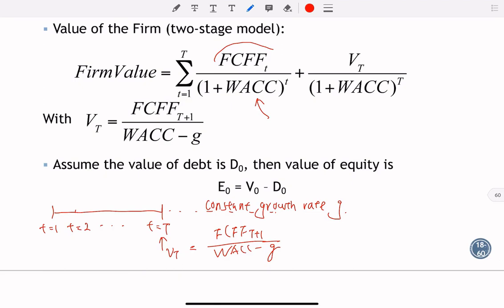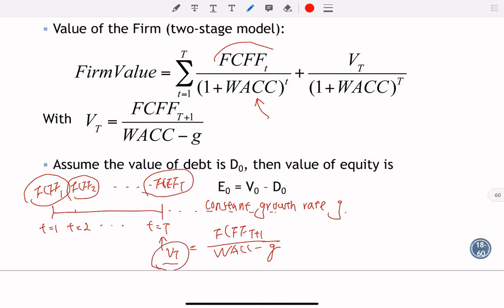Now, after getting this V_T, we could discount the per-period FCF, so we could basically discount FCFF_1, FCFF_2, up to FCFF_T. We could discount these free cash flows and this last-period value to get the firm's value, right? So that's how you get this formula.